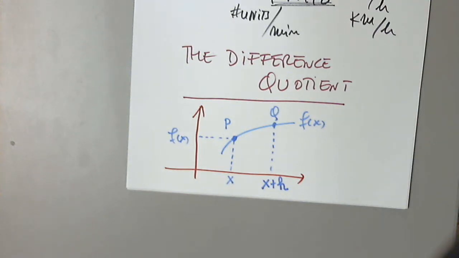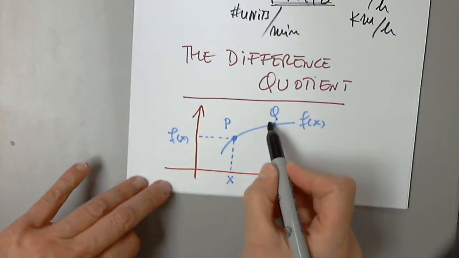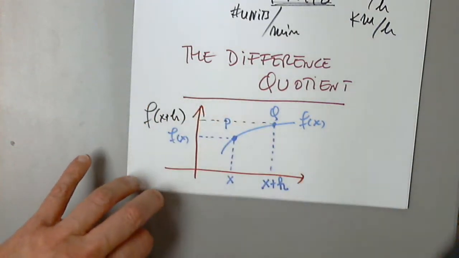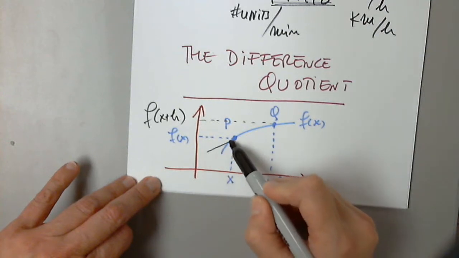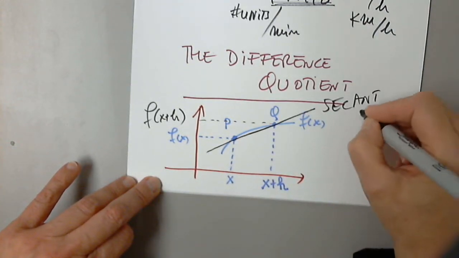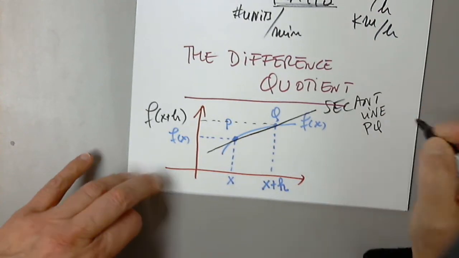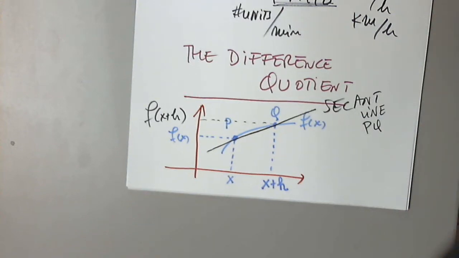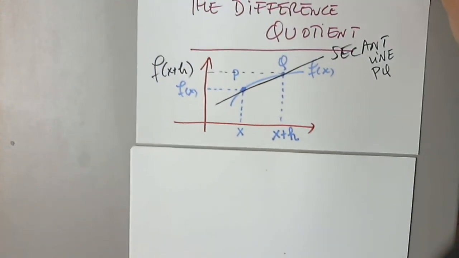Of course, I'm going to ask you what? Very good. Indeed. And the same thing as before. This is the secant line PQ. I would like you to give me the slope of this. And that will be the difference quotient.